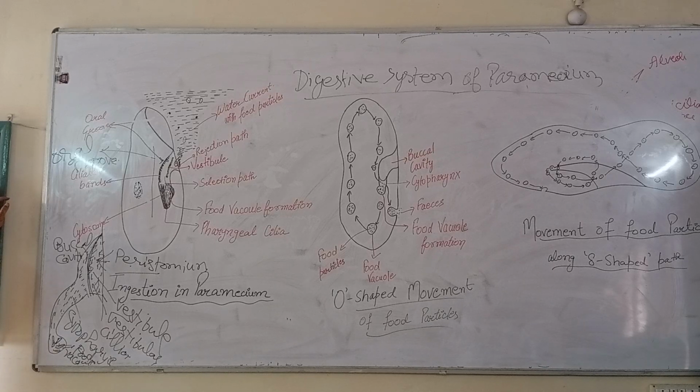That filter the water that passes inside, plus small particles, means microorganisms. They enter through this vestibular cilia in the vestibule. After that, this enters into the buccal cavity. Again, buccal cilia, they again filter the food, and then they enter into the cytopharynx.